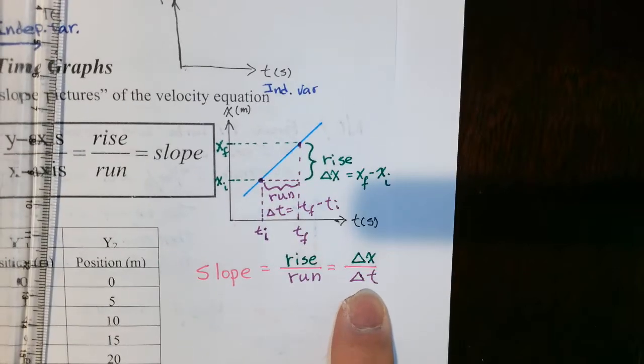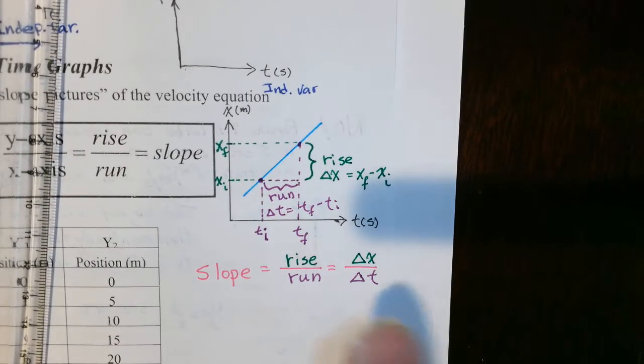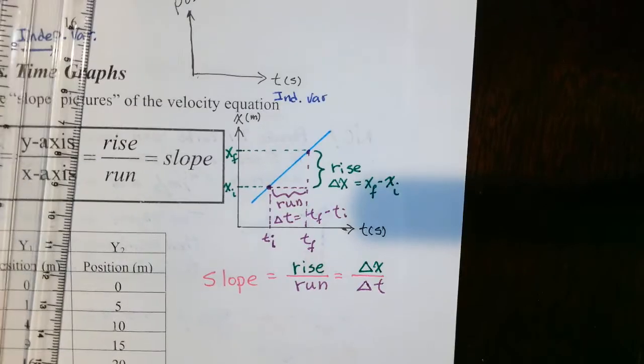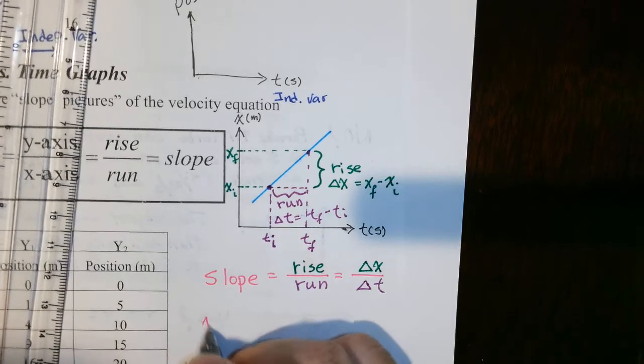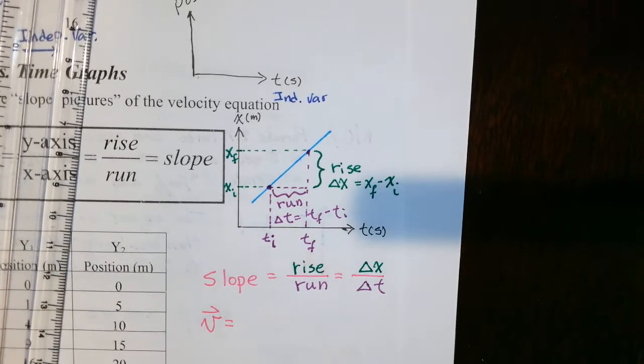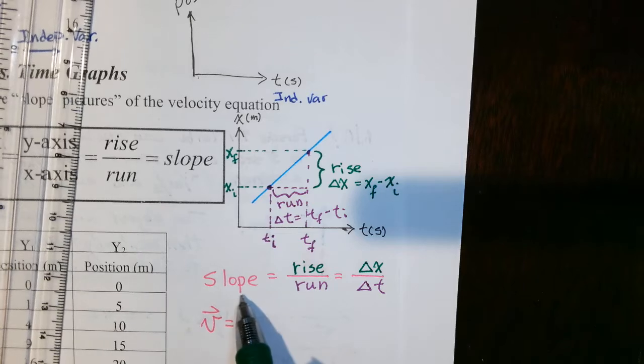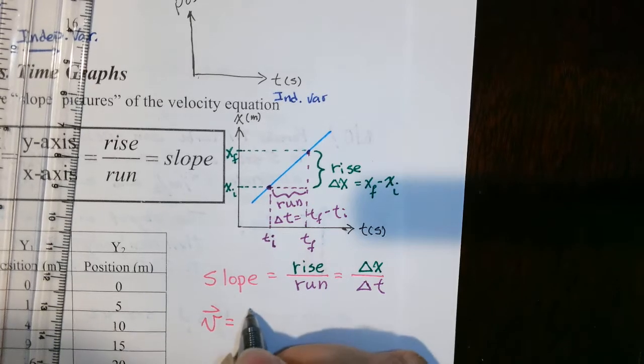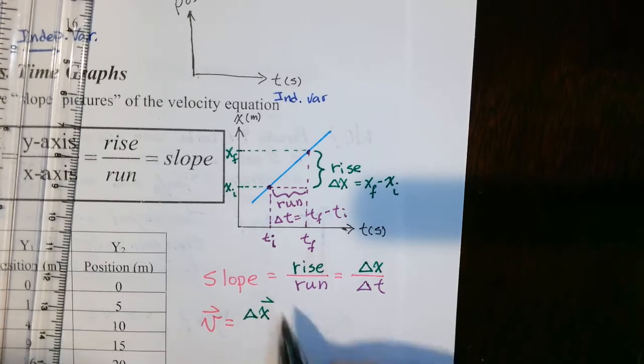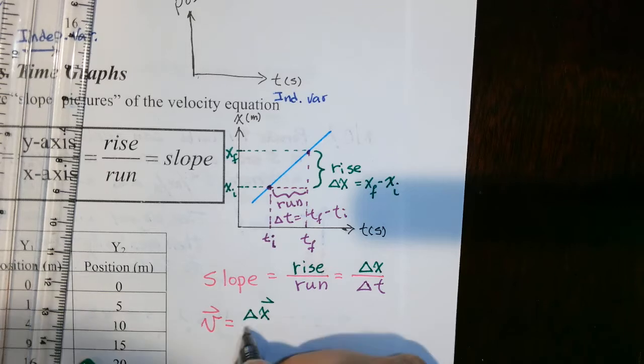That should look familiar to you. That is my velocity. So my velocity is equal to the slope, which is delta x over delta t.